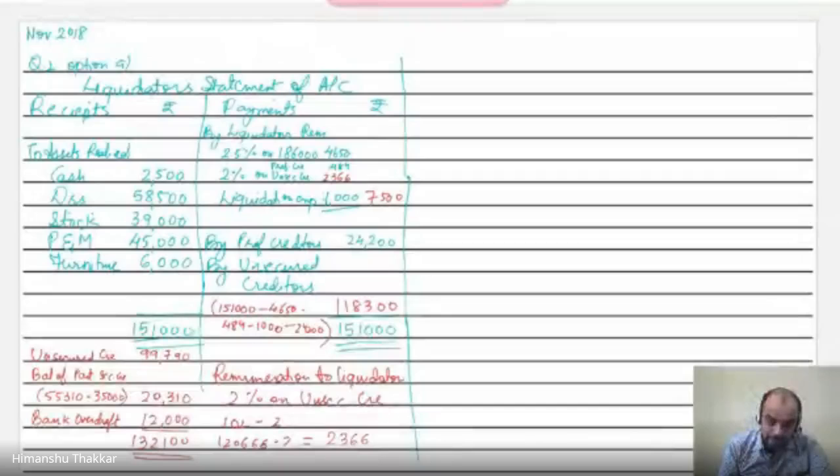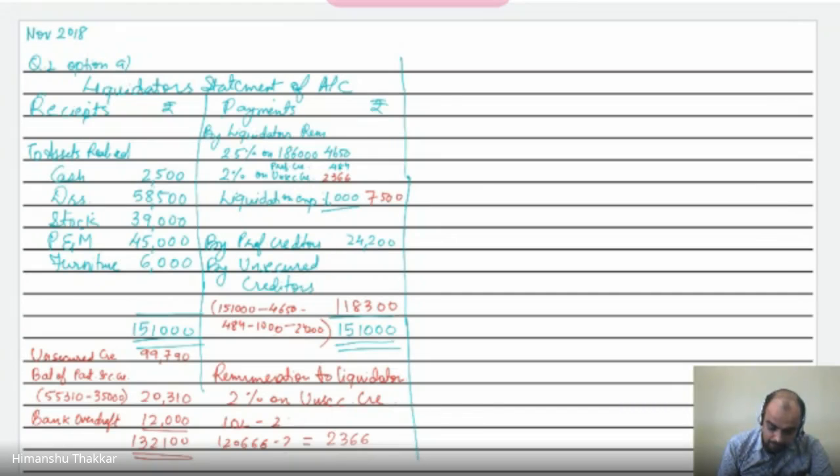So the shares, divide the value of shares. See, total number of shares that will be issued, we have calculated above that the number of shares of X Limited are 15,000. Okay.